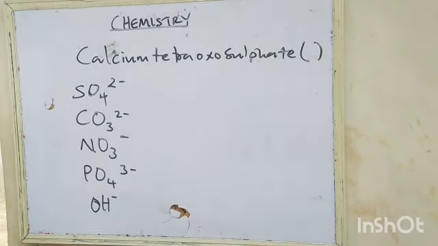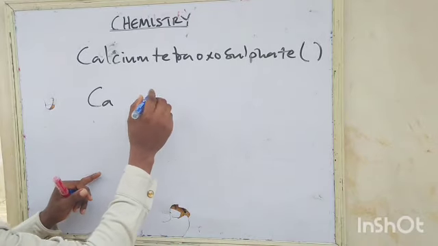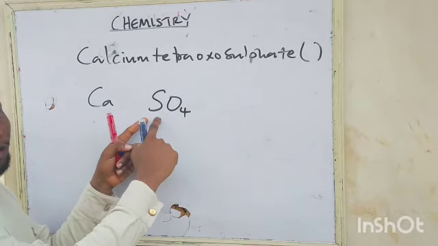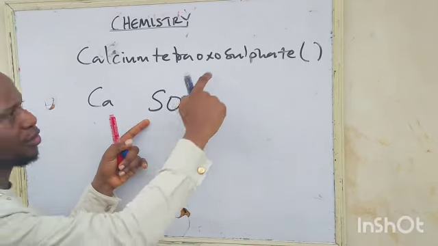Now, sulfate, I already know that it is SO4, 4 oxygen reacting with sulfur from the previous knowledge. And tetra already gives me the insight that it is 4 oxygen. Then this radical is usually carrying a 2 minus, that's the oxidation number is -2. So, you write it on top. Calcium is from group 2, so the oxidation number is +2.